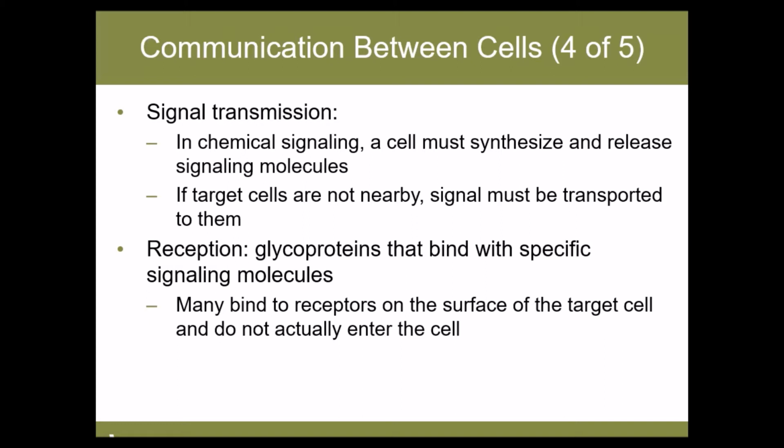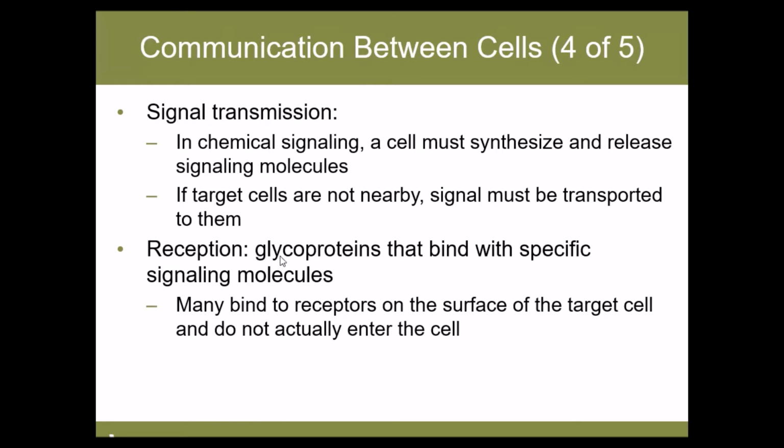You also have to create that signal using some type of chemical. Usually, you have to be able to receive the signal. That's reception. And so you have to have some kind of receptor. Usually you find a receptor somewhere either on the cell membrane, or sometimes there's an internal receptor. That receptor is usually what's called a glycoprotein.